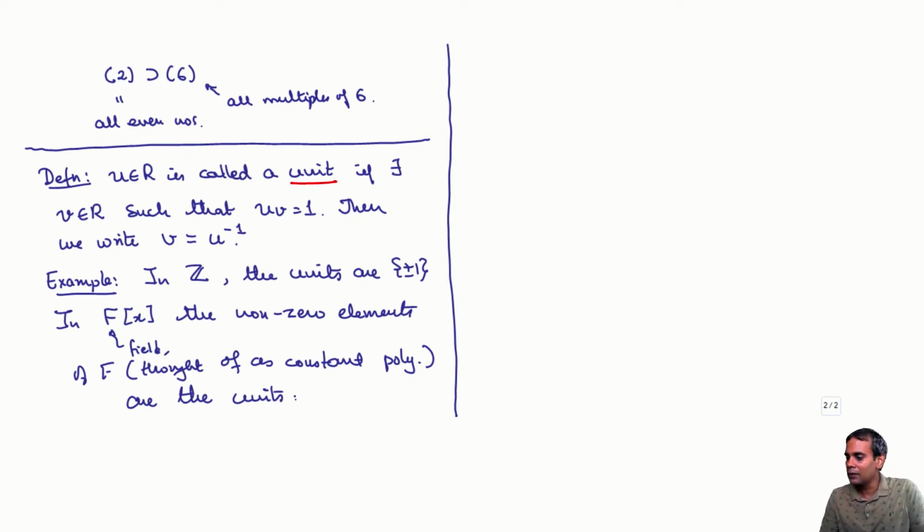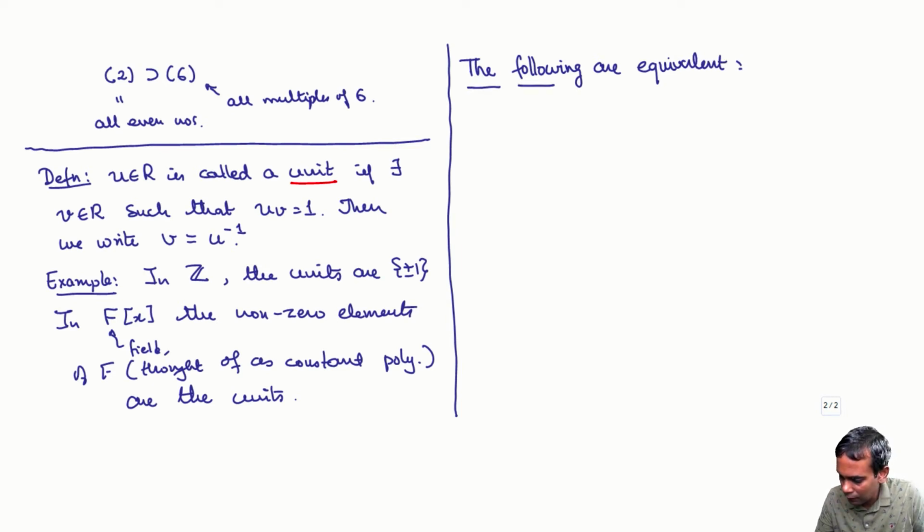Okay, now here's a thing about ideals being equal. So the following are equivalent, for a, b in R, where we're taking R to be a commutative integral domain.